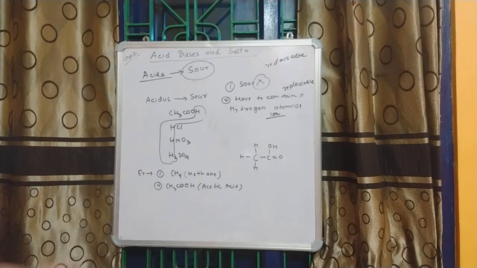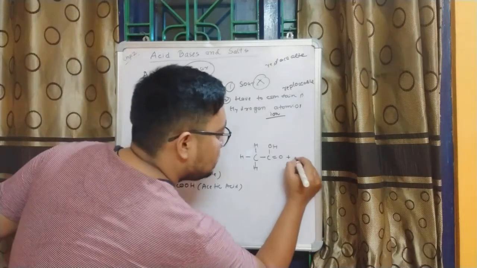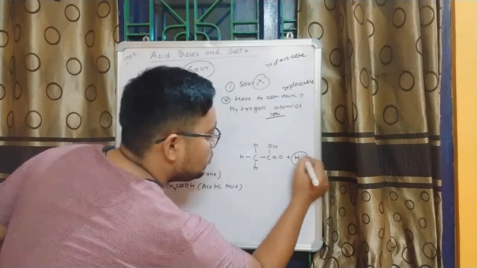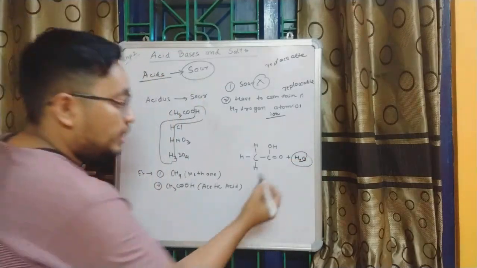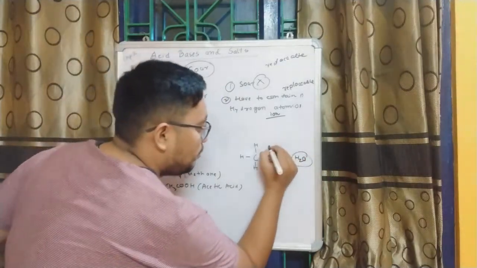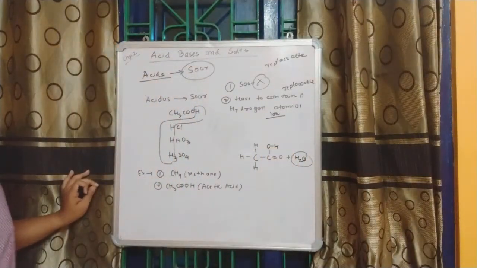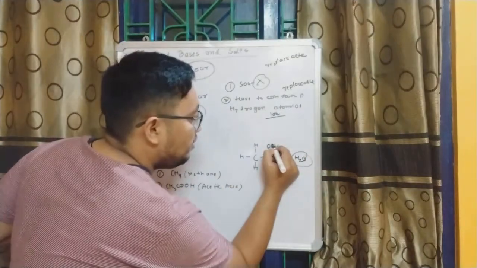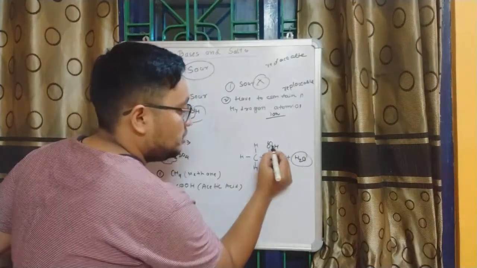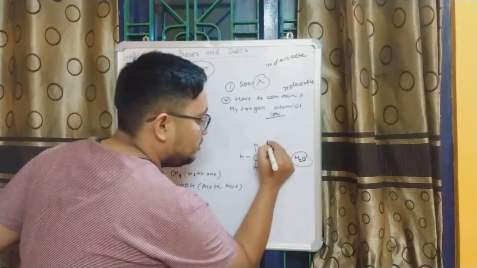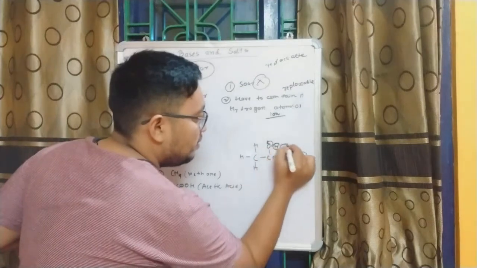Now if you mix water, H2O, with this compound, then this particular hydrogen which is present with this oxygen can literally leave the compound. It can just simply leave the entire structure and be free.